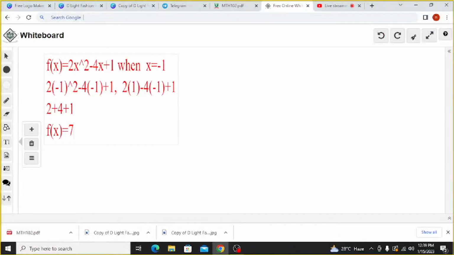So for the first value, our function is 7.